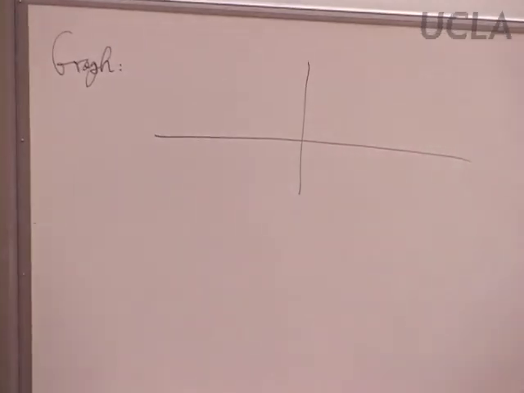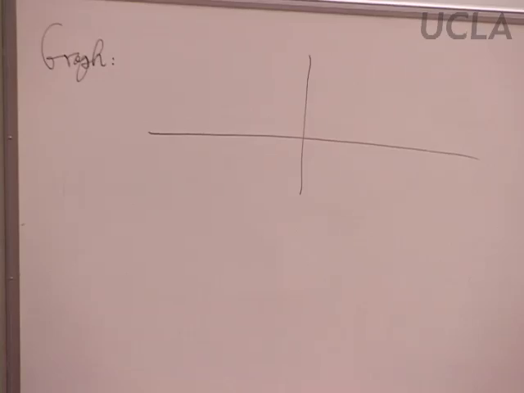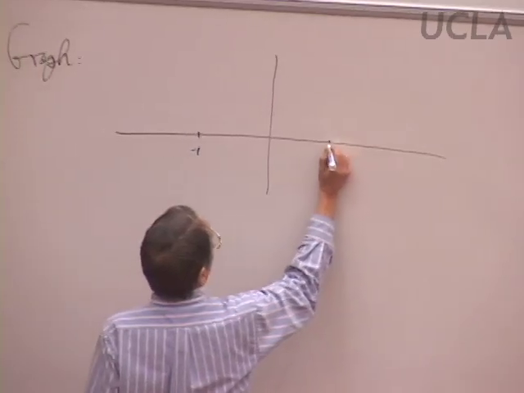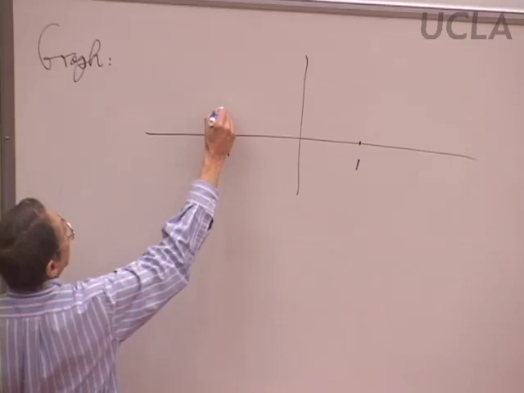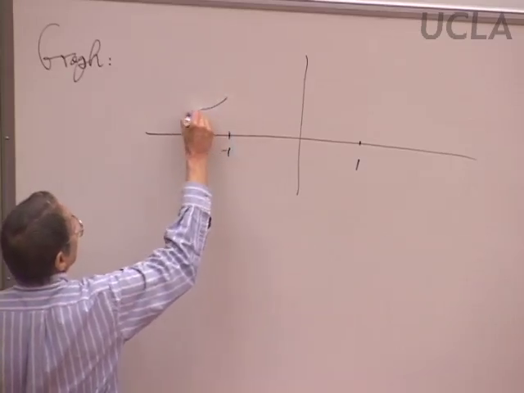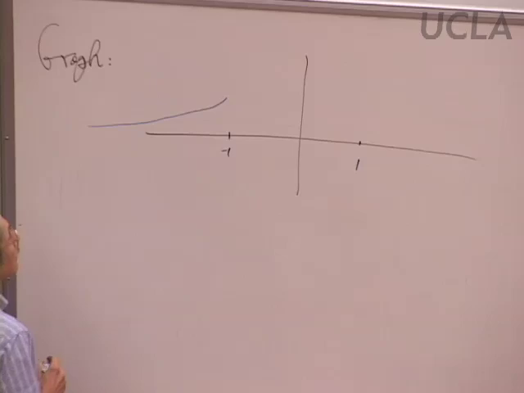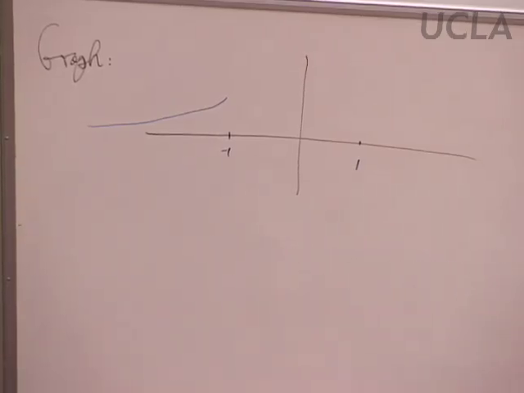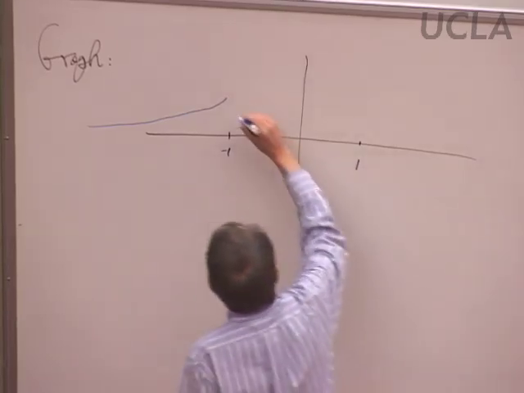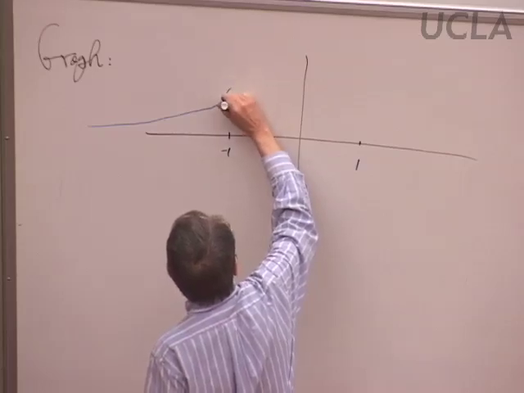Symmetric about the y-axis. It's going off to 0 at the tails. It's increasing when x is negative. And for a while it's concave up, and then the second derivative changes sign. Got that inflection point here.